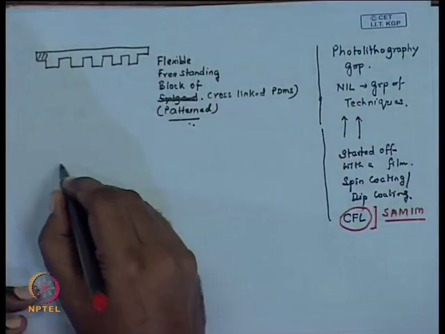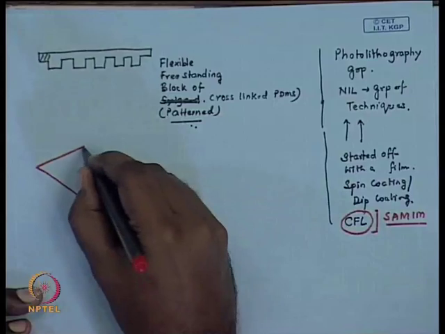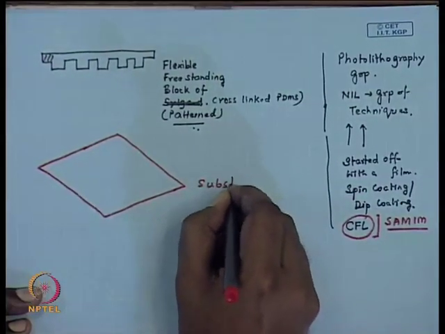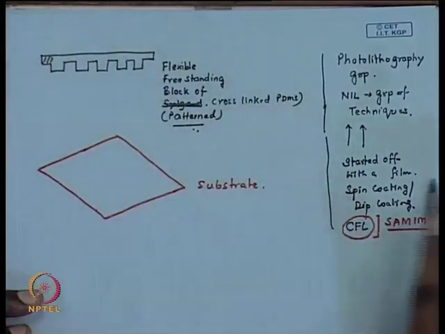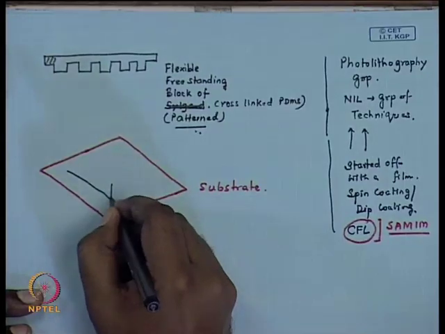So, all you start off with is a substrate like this, a rigid substrate often, and then you place the stamp on the bare substrate.